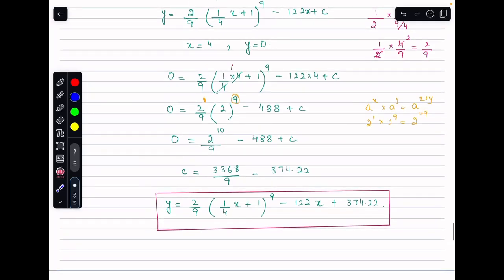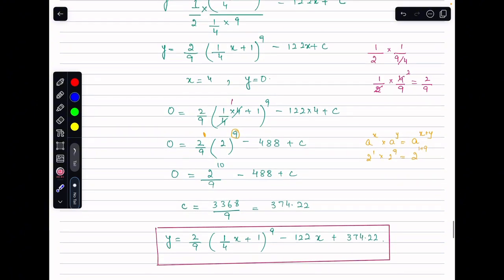Further, solving this, c is equal to 488 minus 2 to the power 10 divided by 9, which gives me 3368 divided by 9, or I can say it's 374.22. So y in terms of x, I have the value of c also, which is 374.22.